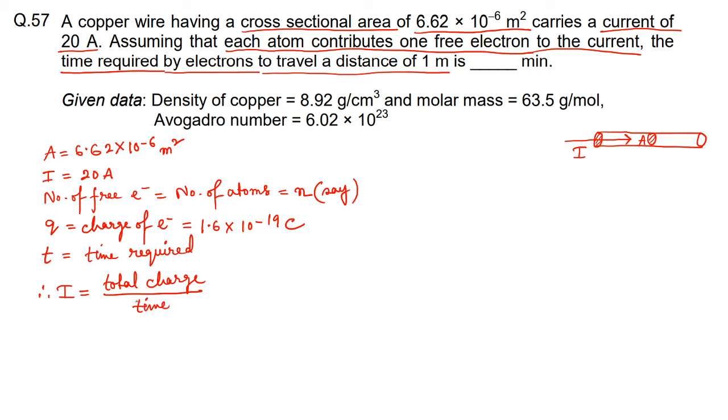The charge of one electron is Q, so the charge of n electrons is nq, because we have considered the number of atoms as small n, and that is the number of free electrons.